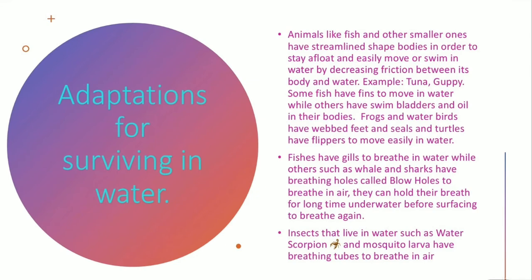When they come near the surface, they come out to breathe and go into water again. Talk about some insects, for example mosquito larvae, water stick insects and water scorpions. They live in water, and they have breathing tubes that help them breathe in air.